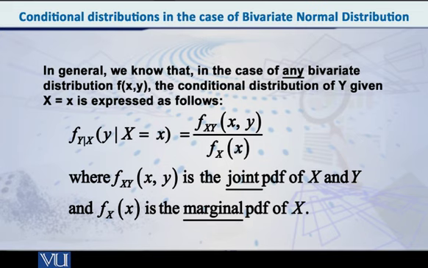F of y given small x is equal to f of x,y divided by f of x, where f of x,y, of course, is the joint PDF of x and y, but f of x, which occurs in the denominator, is the marginal PDF of the random variable x.